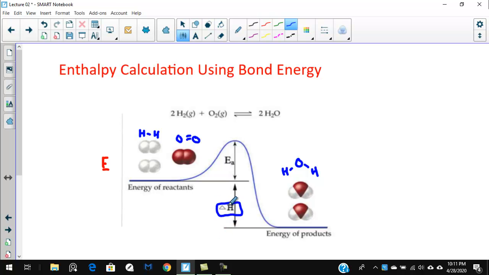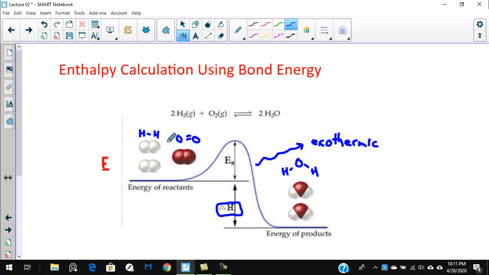That's that energy that's, in this case, lost. So the enthalpy change is exothermic because the products have less energy than the reactants. And so that enthalpy change is a loss of energy. And of course, when you light hydrogen and oxygen on fire, they go boom. So that would give us that exothermic loss of energy.